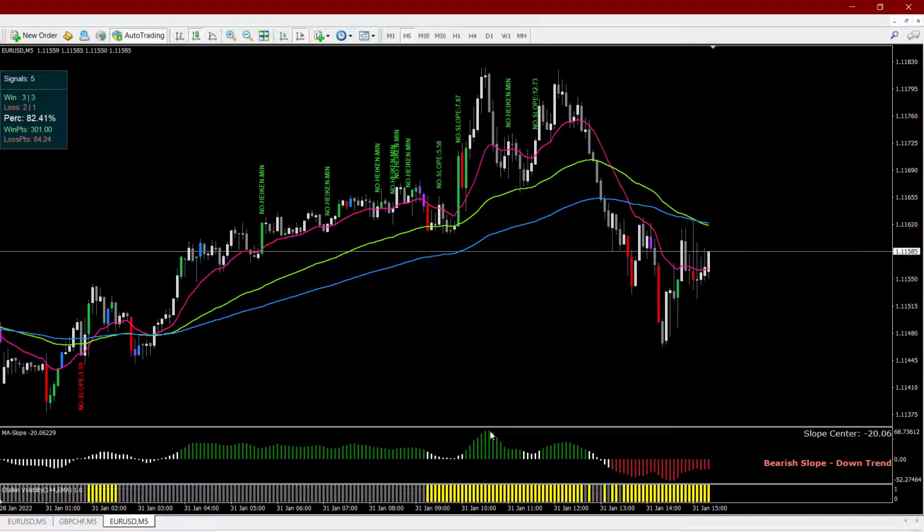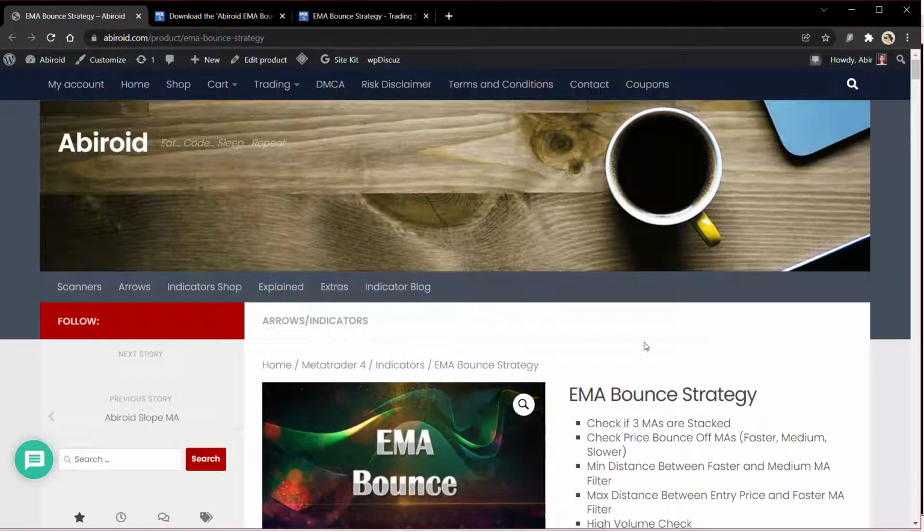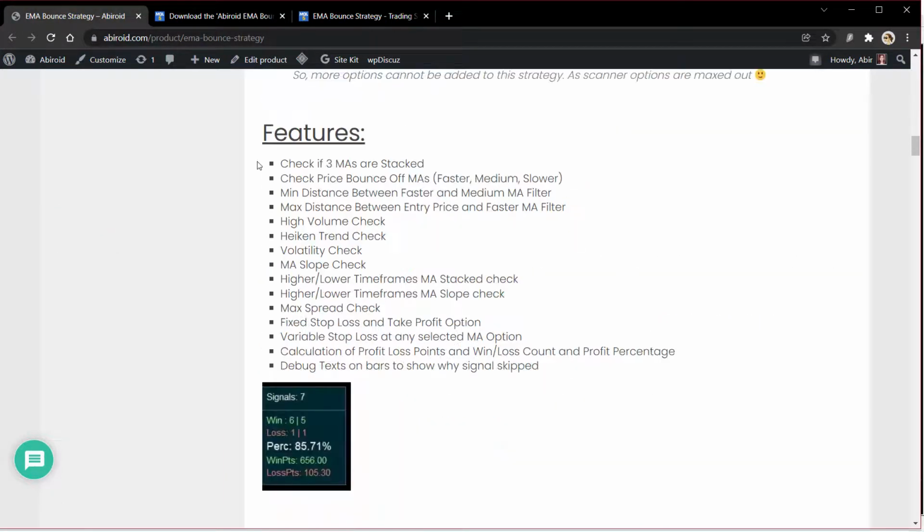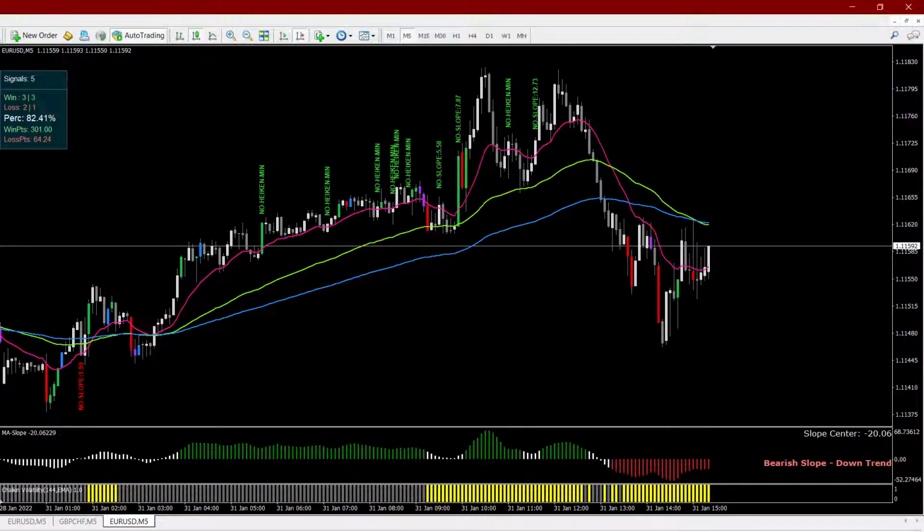Right. Now first let's go over the EMA strategy one by one, and then I'll show you all the properties. So here are the steps that it takes. The very first thing that it checks for is that these three MAs are stacked one on top of the other.